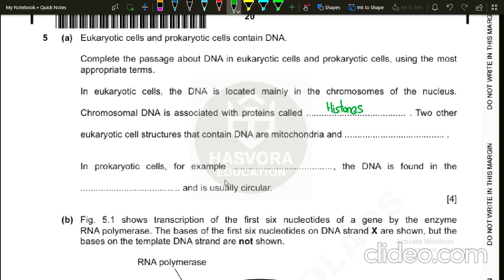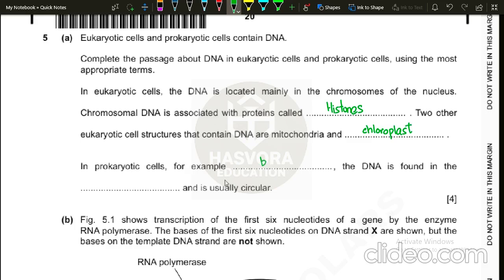In the fungi, you can say they are helical chromosomes around the histones, and in other species it is just linearly arranged around the histones. So the two other eukaryotic cell structures that contain DNA are mitochondria and chloroplast, because it is inside the eukaryotic plant cell.